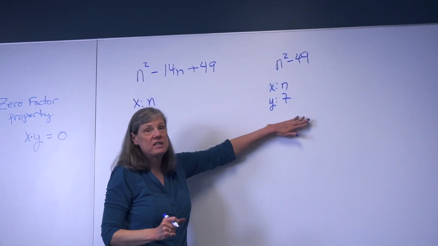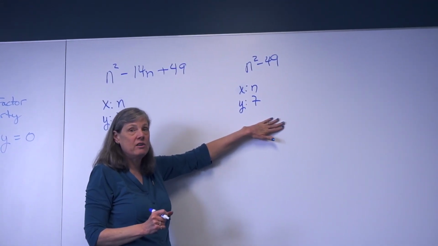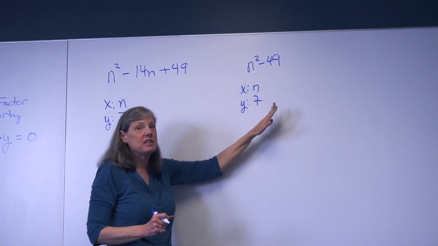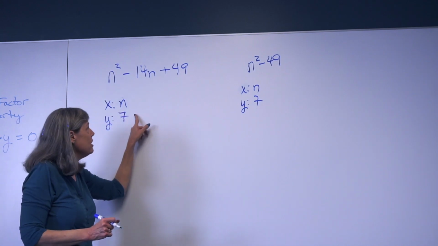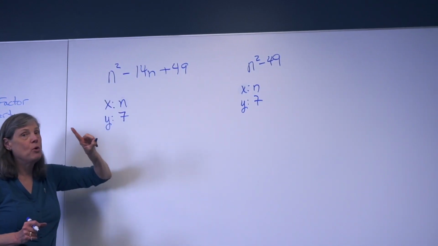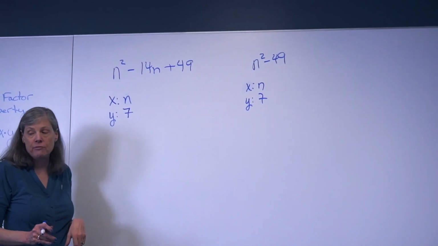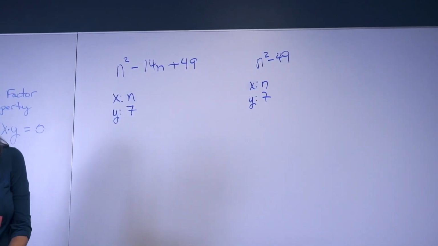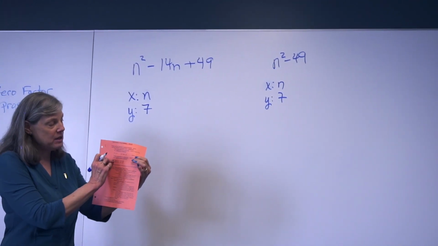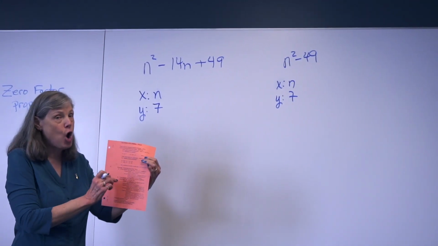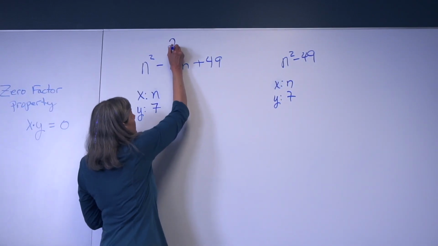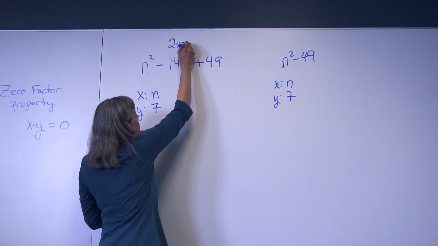Once we did this for the difference of squares, we knew we were done, and we just put it into the pattern. Here, even though we did the exact same thing, we have one more step, because in a perfect square trinomial, if you look on your factoring rules sheet, the middle term is always 2 times x times y.